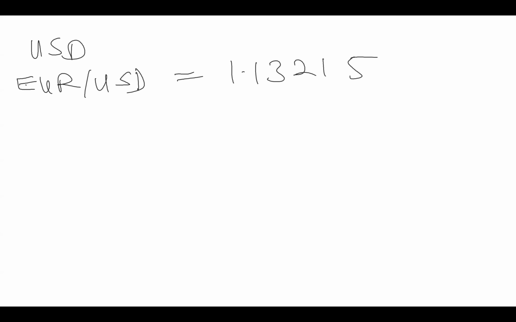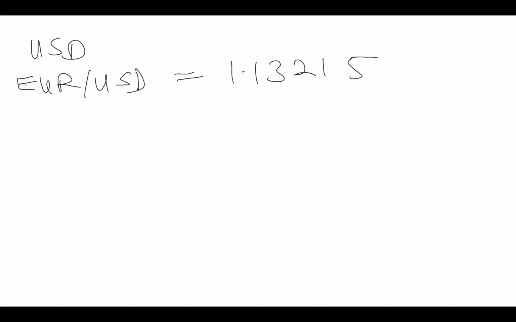So let's take for an example Euro USD. You guys shouldn't laugh at my handwriting. I'm not used to writing on tab. All right, so Euro USD, let's say this was the price, 1.13215.